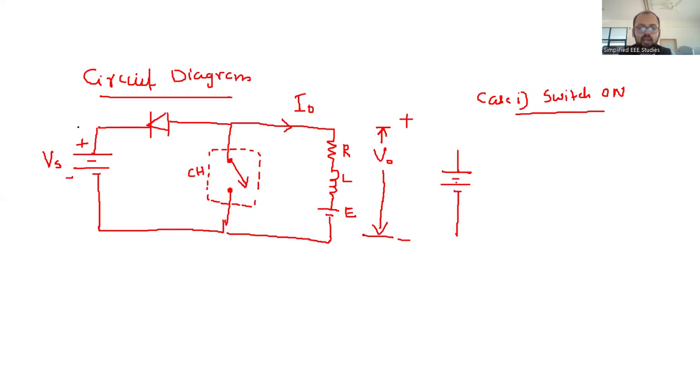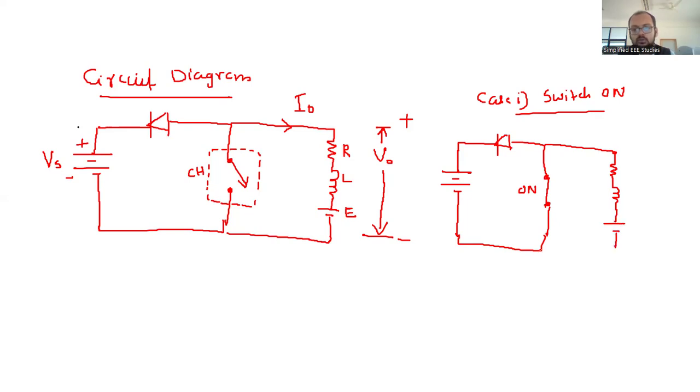Within a fraction of a second, a millisecond or microsecond, the switch will be turned on and off continuously. First, we will consider the condition such that the switch is on.